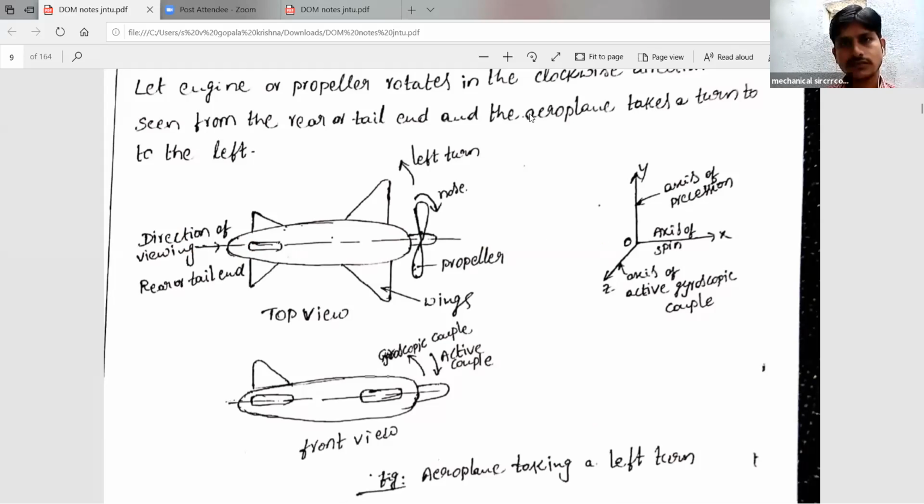Please raise the queries. Santosh, lateral entry 327, raised their hand.